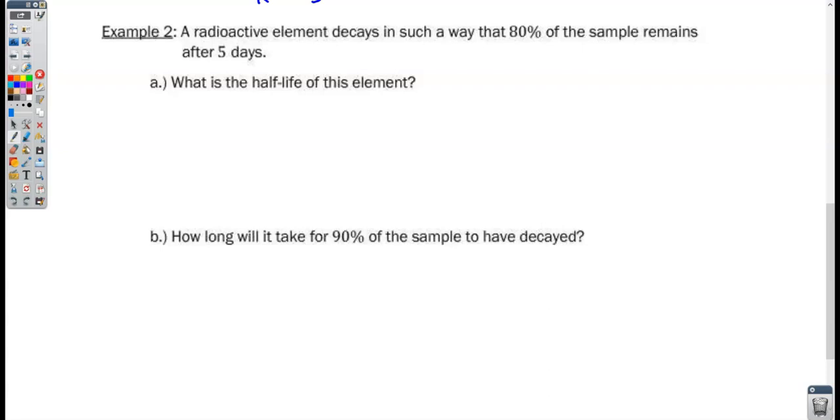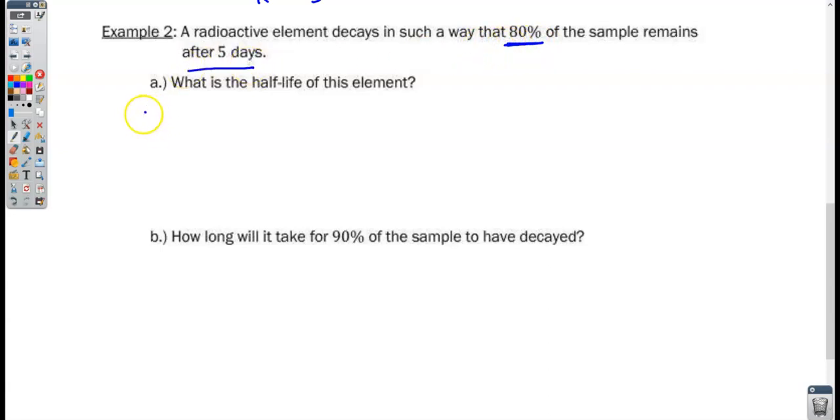Okay, so we're told here that the radioactive element decays in such a way that 80% of the sample remains after 5 days. So we don't know how much of the sample there was to begin with, so I'm going to let y sub 0 be the amount of the sample initially. And it decays in such a way that 80% is left after 5 days.